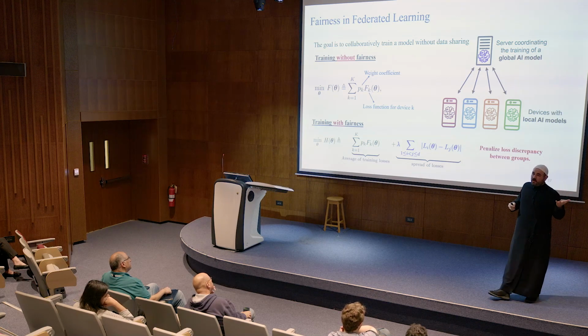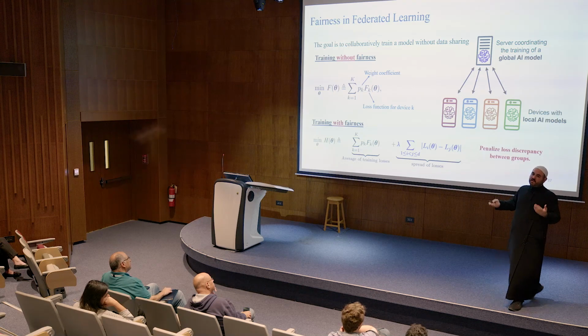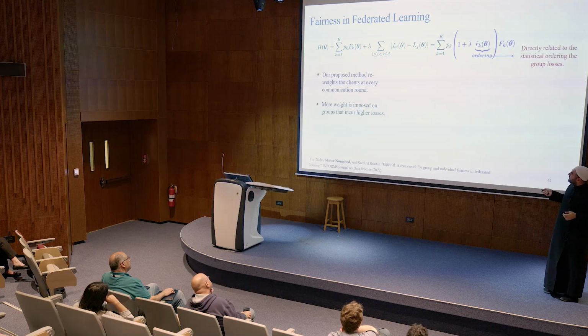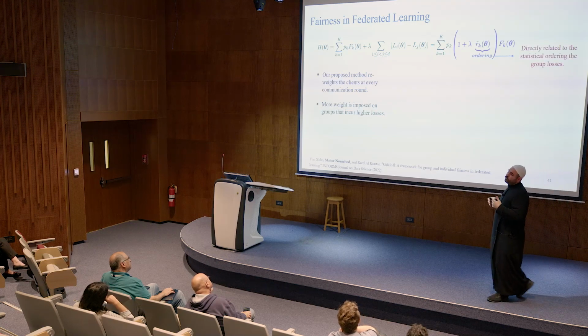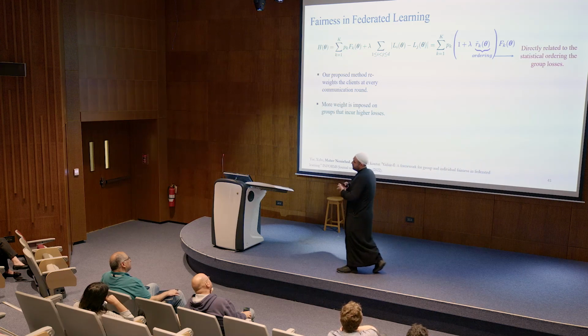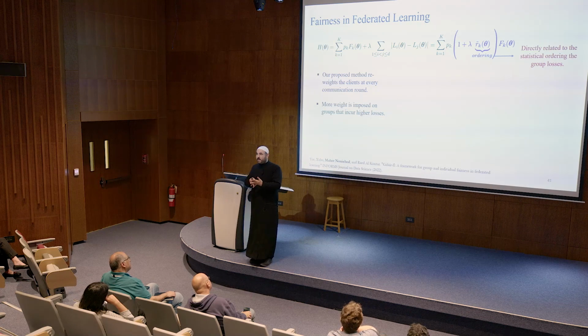A group with a higher loss than another group is penalized more. So we give more weight to groups that have high losses. If a group is incurring high losses, or the model is not accurate for that group, you need to give it a higher weight in order to improve its performance.